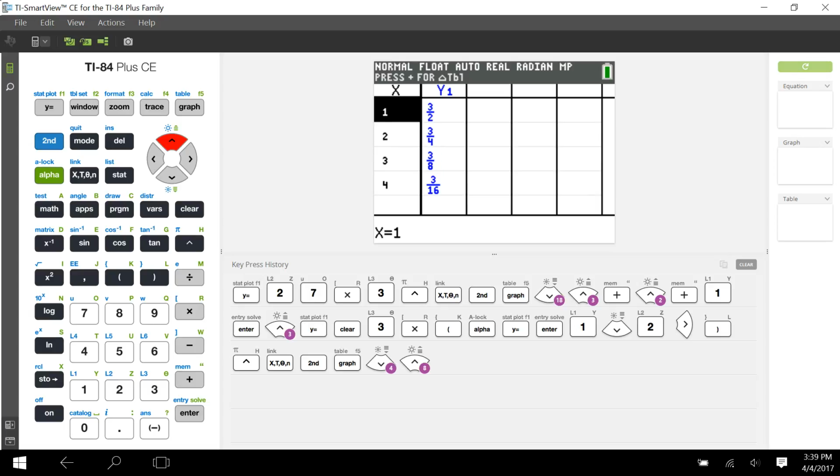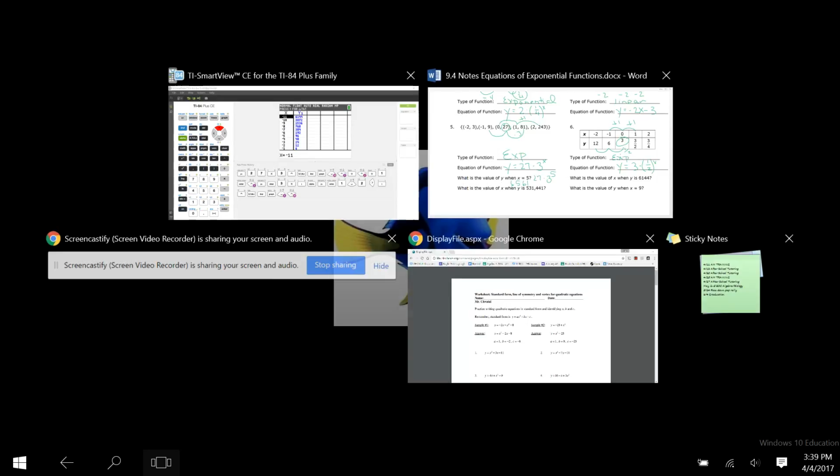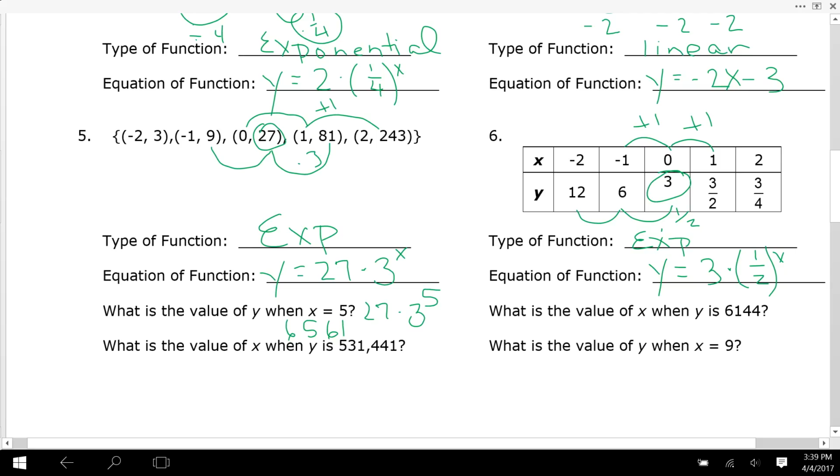So I need to go where my numbers are getting bigger. So negative 11 is my x value. So let's go back to our notes. When x equals 9, y equals 3 over 512, or 0.01172.